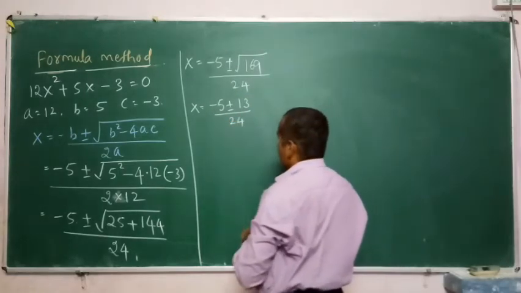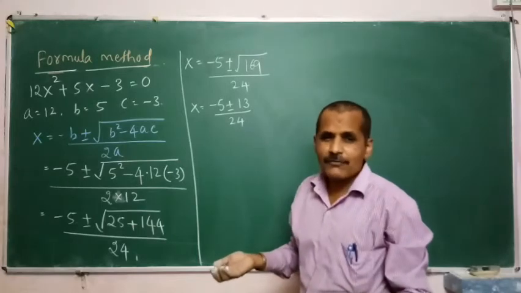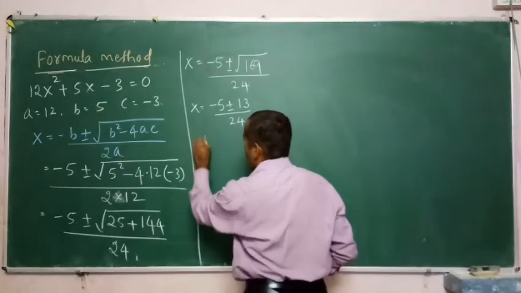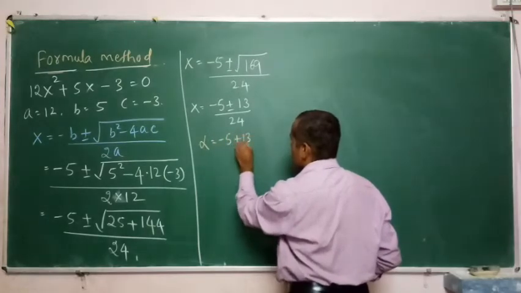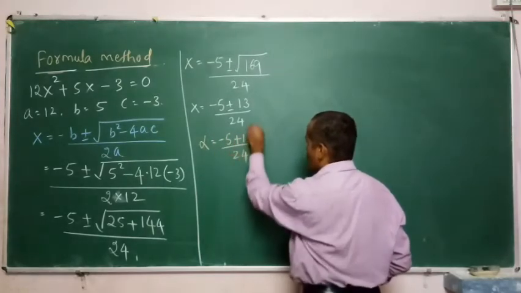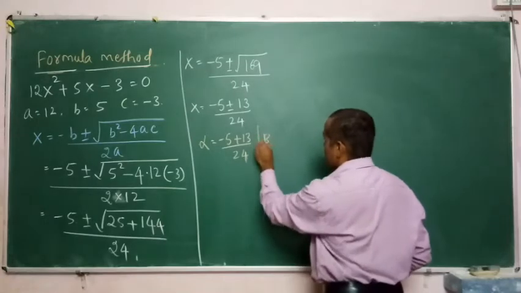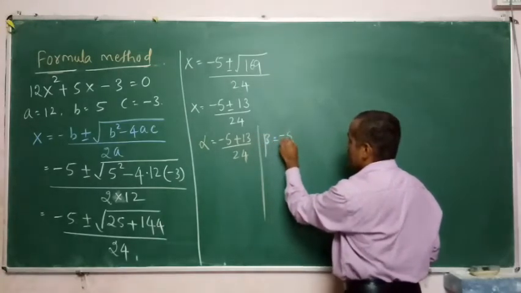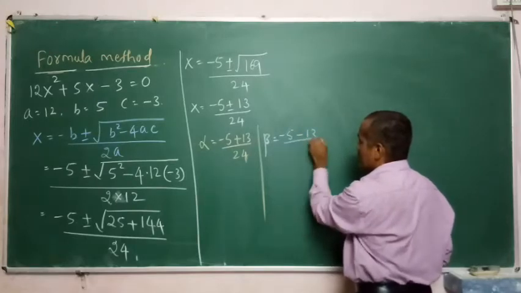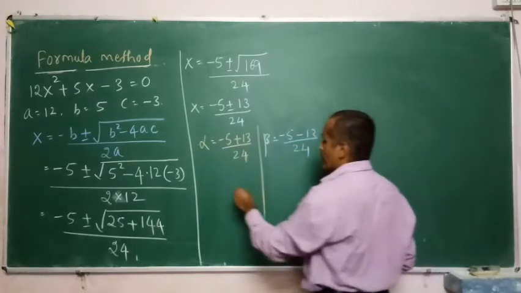I can separate them and call them alpha and beta. Therefore, alpha is equal to minus 5 plus 13 divided by 24, and beta is equal to minus 5 minus 13 divided by 24.